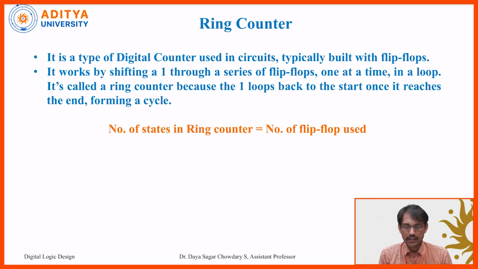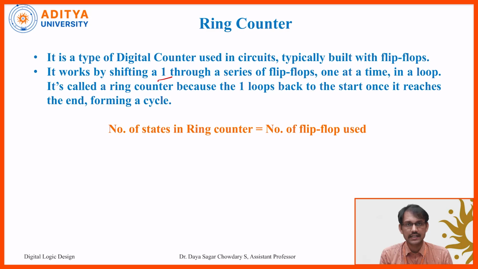Now a ring counter is a type of digital counter used in circuits, typically built with flip-flops. We already discussed this at the start: for any register or counter, flip-flops are the basic building blocks. That is why we used D flip-flops of 4 stages. In order to build a 4-bit ring counter, we are using 4 stages. It works by shifting a 1 through a series of flip-flops, one at a time in a loop.